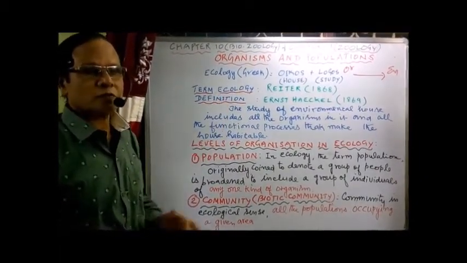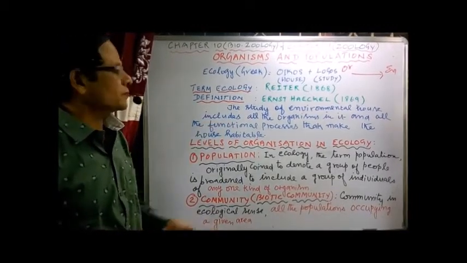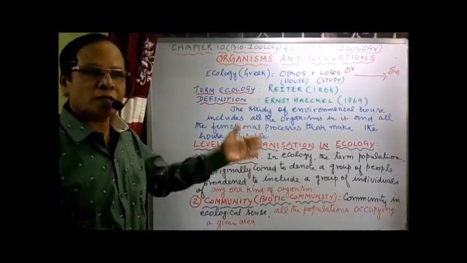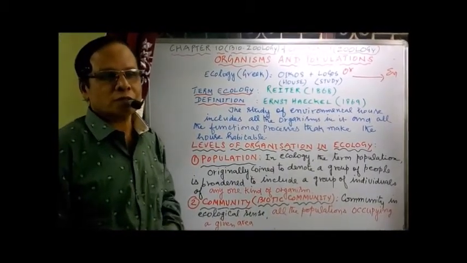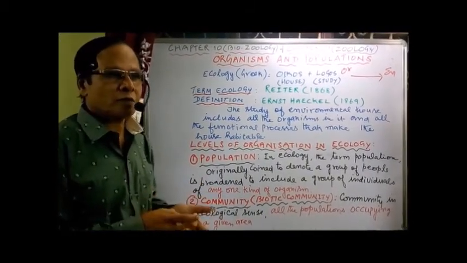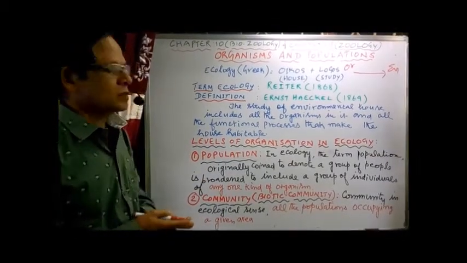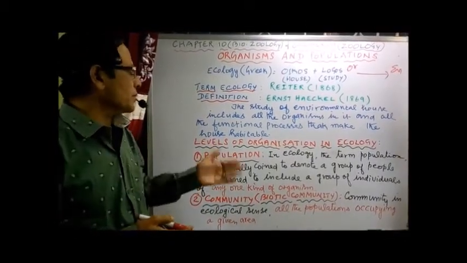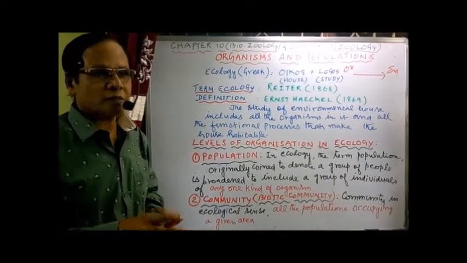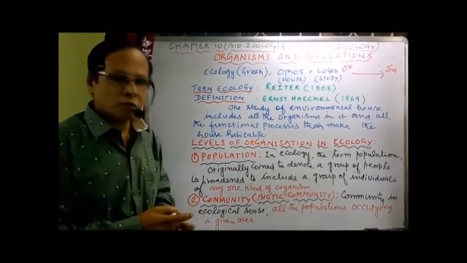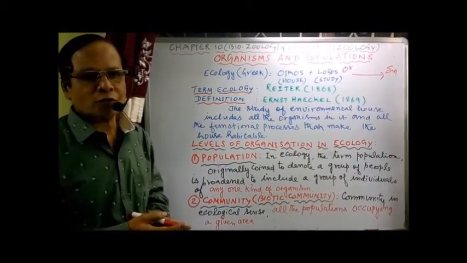The study of the environmental house includes all the organisms in it and the various functional processes, done by the environment or by the population or any living thing, that make the house suitable for living.